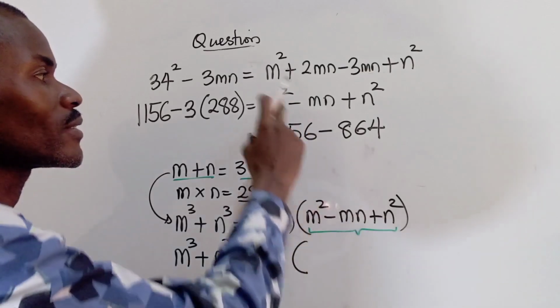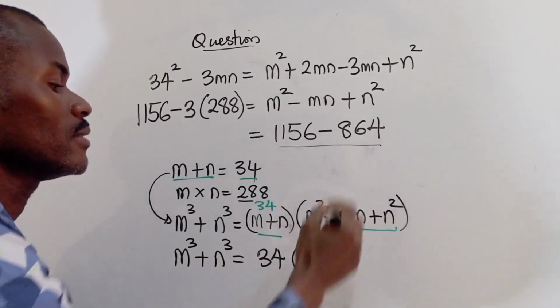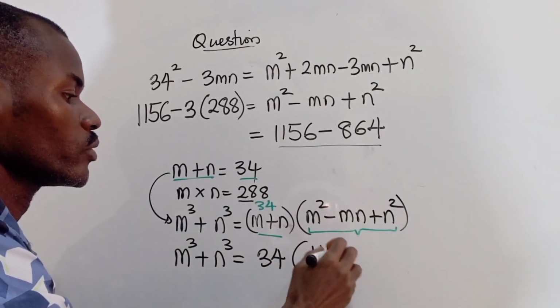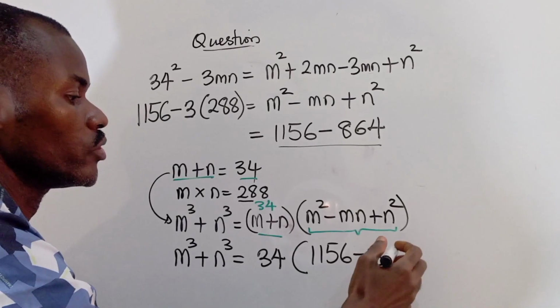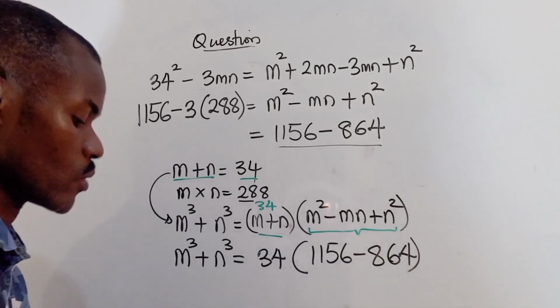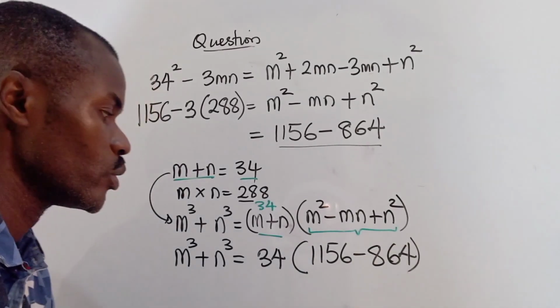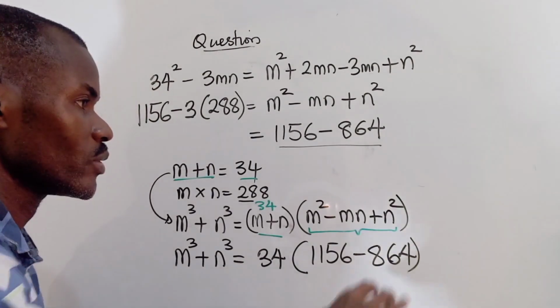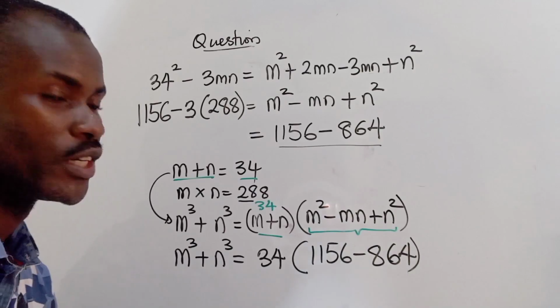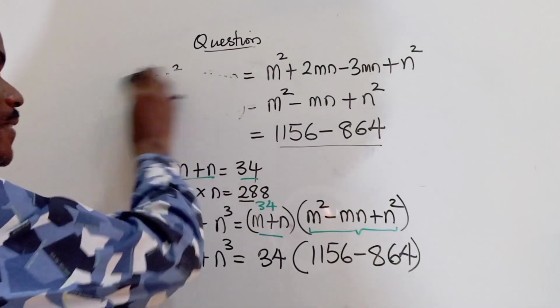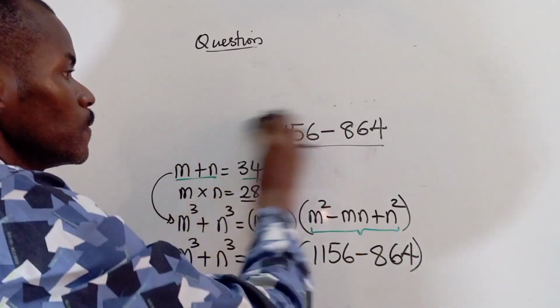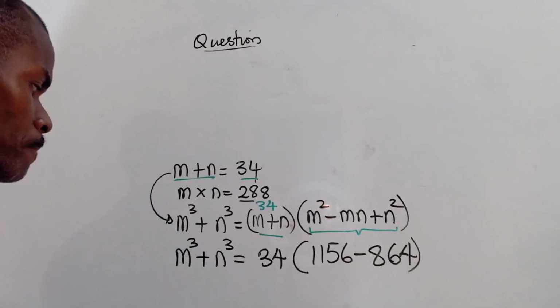All these we have solved as 1156 minus 864. All we have to do is solve this to get our answer to this problem. So let's solve it and see what we get.